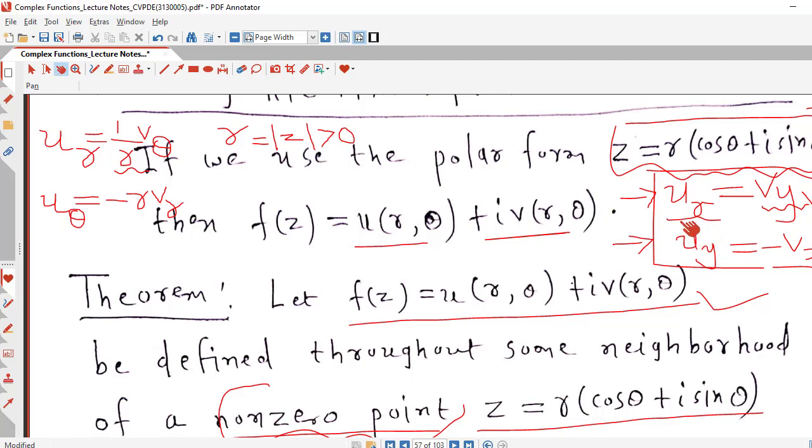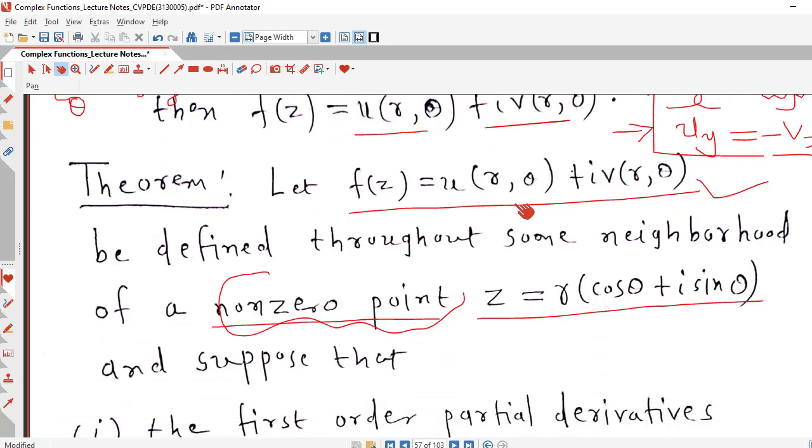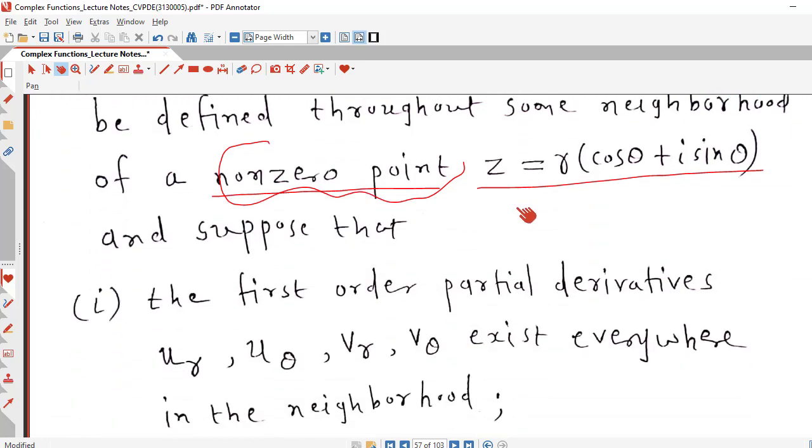In Cartesian coordinates, the first condition was that the partial derivatives exist, and the second condition was that these partial derivatives are continuous and they satisfy the Cauchy-Riemann equations. The same conditions hold here in terms of r and theta.